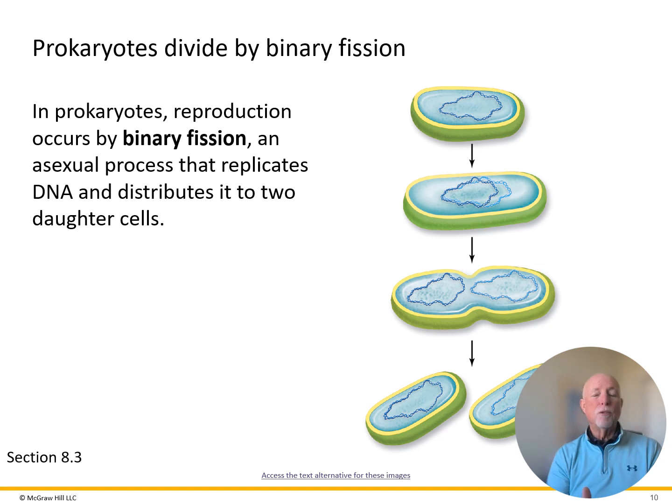So they still replicate that DNA molecule, but then they go ahead and separate into two, starting with one parent cell, ending up with two daughter cells, and these two daughter cells have an exact replica of that original DNA molecule. But that's what we call binary fission.